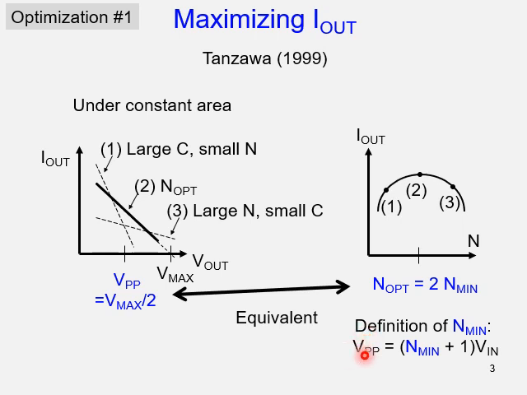So with Nmin, the charge pump barely generates VPP with zero output current. And this Nmin can be calculated when you are provided Vin and VPP. And then using this equation, your number of stages must meet this equation.